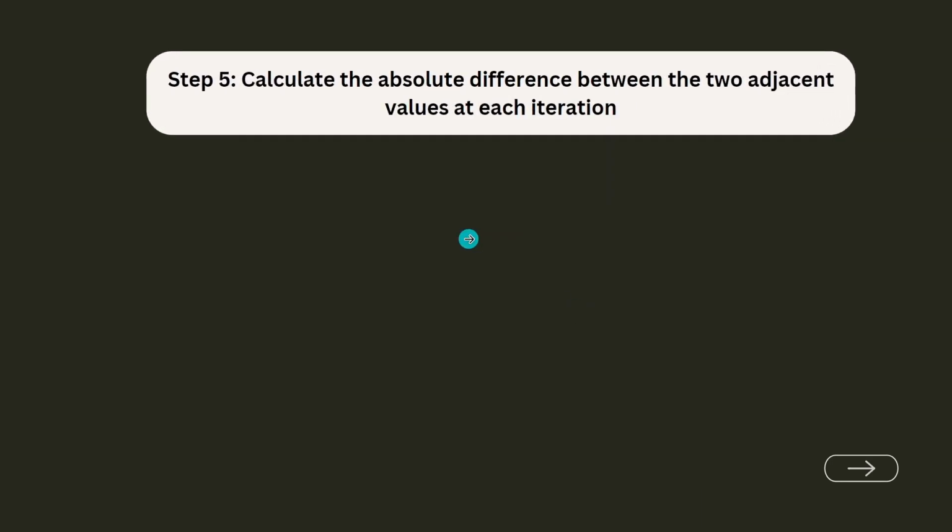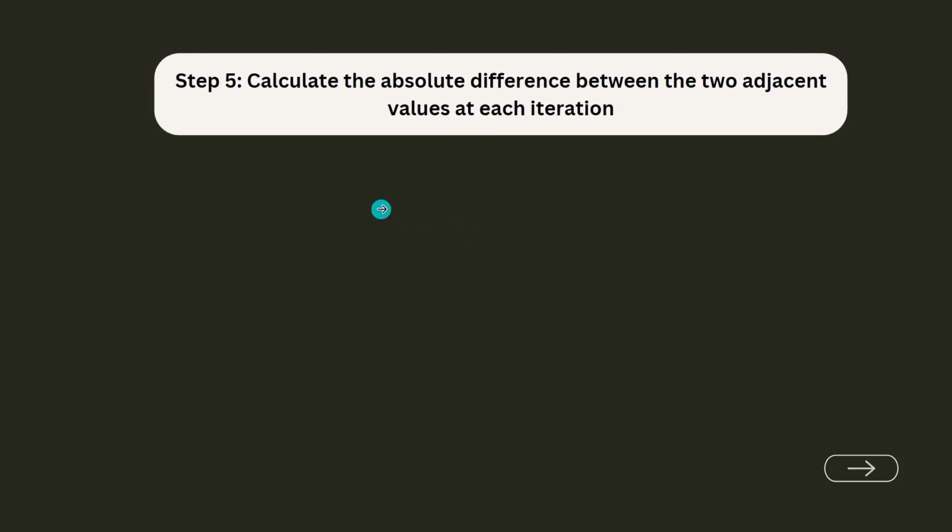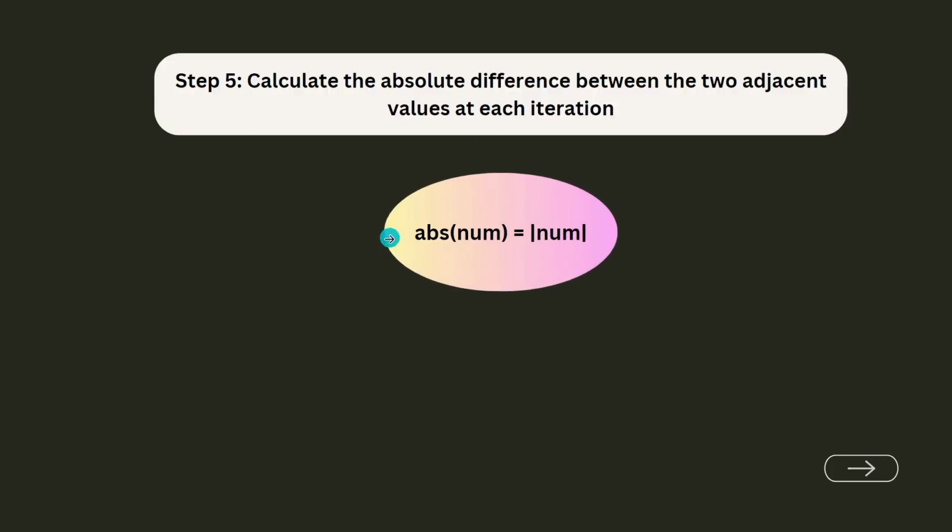Then in the fifth step, we will calculate the absolute difference between the two adjacent values at each iteration. And how can we calculate the absolute difference? We will use the absolute method which is provided by default. What does this absolute method do?